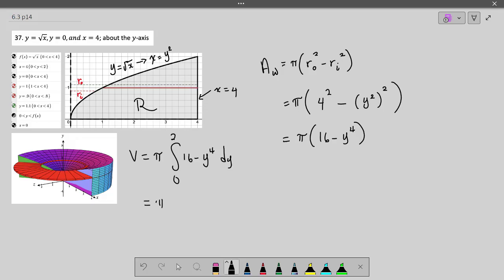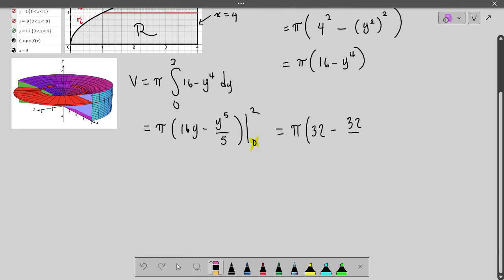Integrate. We get pi multiplied by 16y minus y to the 5th divided by 5, from 0 to 2. 0 contributes no volume. So we will have pi multiplied by, plugging in the 2, we get 32 minus 32 fifths.